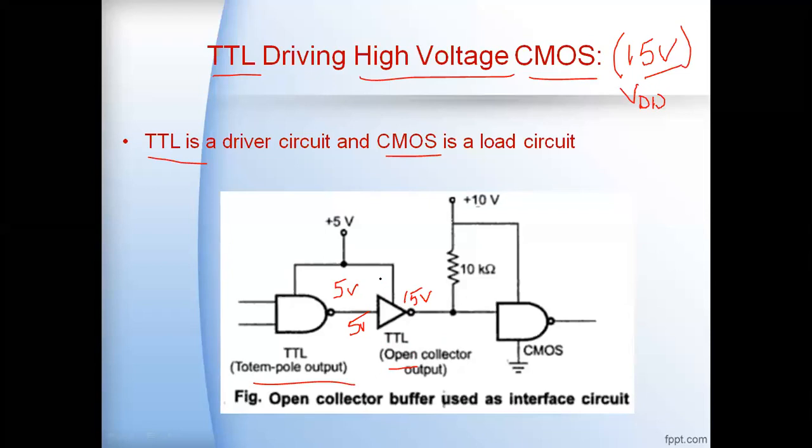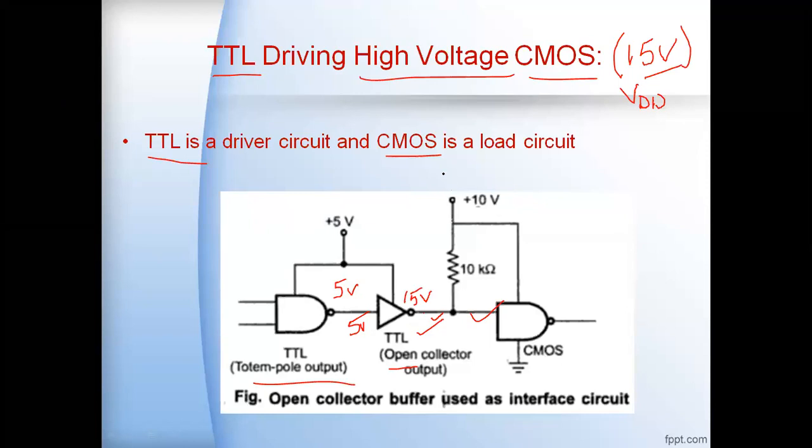To overcome this situation in the interfacing circuit, we use a TTL buffer circuit. This buffer takes the low voltages and converts them into high voltages. When the buffer output is high, this high voltage can easily handle the 15 volt CMOS gates. So this is one remedy, one alternate way for TTL driving the high voltage CMOS here.